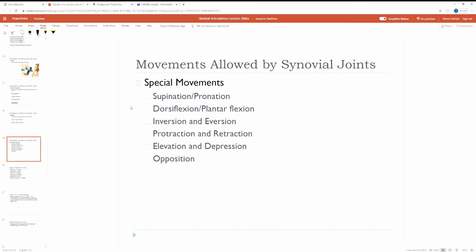But supination, if you picture a door with the doorknob on the right, and you grab the doorknob with your right hand, and you turn the doorknob to the left, counterclockwise. That's pronation. Your palm's probably facing up when you grab the doorknob, and then you're turning it over to turn the doorknob to the left. That's pronation. Turning your palm up is supination.